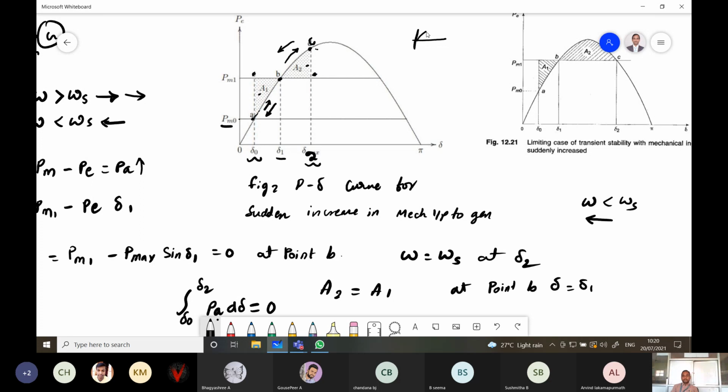It will be non-sinusoidal oscillations, continuously varying from A to C and C to A.